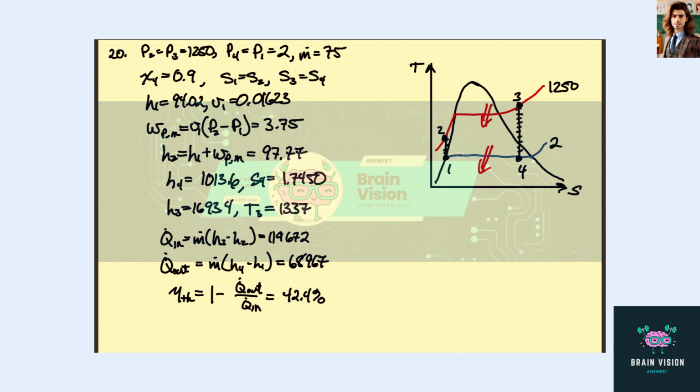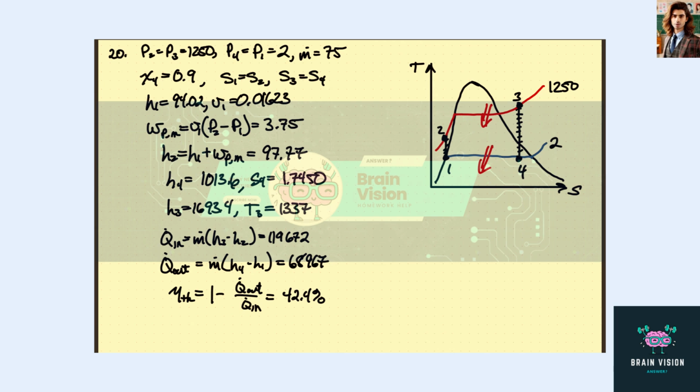Then we can figure out the rate of heat in, and that winds up being about 120,000 BTU per pound mass. Oh no, that's 120,000 BTU per second. Sorry, we multiplied through by the mass flow rate. Out, we look at the enthalpy change from here to here, and we get about 69,000 BTU per second.